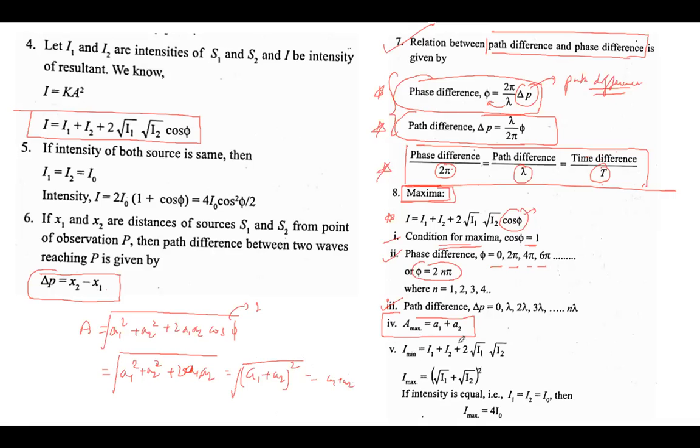So maximum this is A1 plus A2, और इंटेंसिटी I1 प्लस I2 प्लस 2 रूट अंडर I1 I2, राइट.